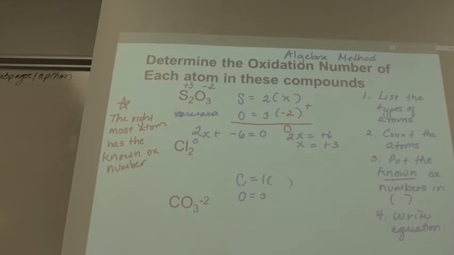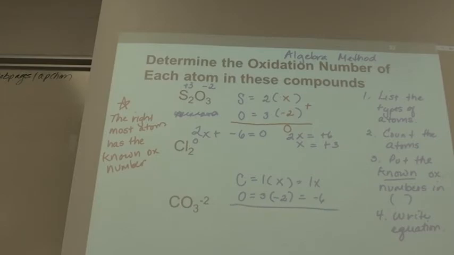I'm then going to write the oxidation numbers that I know. This is the rightmost atom I know. It is not hydrogen peroxide, so it is -2 for the oxygen, and I don't know what the carbon is. 1 plus x is 1x. 3 times -2 is -6.